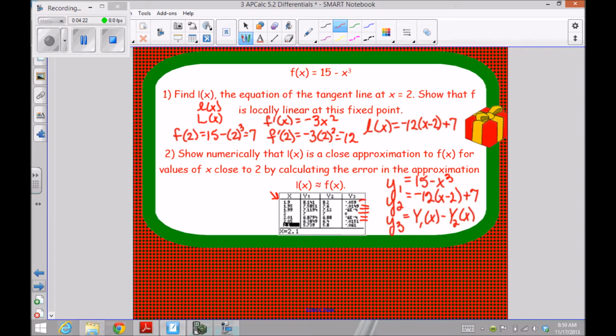And then you can tell we're moving away again. And so the further away you get, the more error there is, but the closer you are, the more likely you are to be very, very close to the actual value just by using that tangent line approximation. So that's what we're working on in these, trying to figure out exactly what that error is, how close we are, that type of thing.